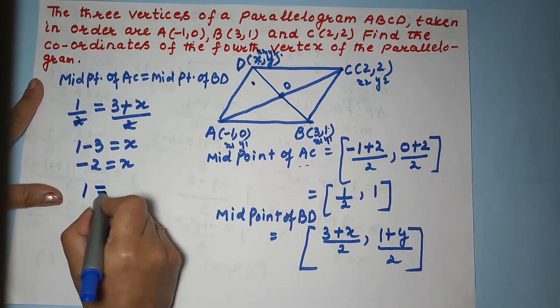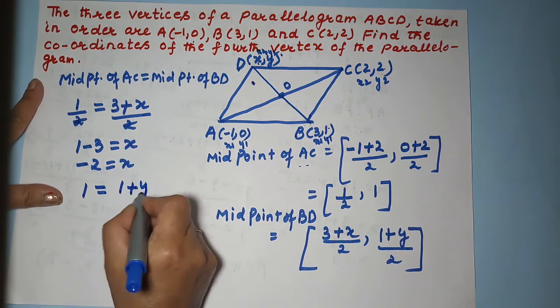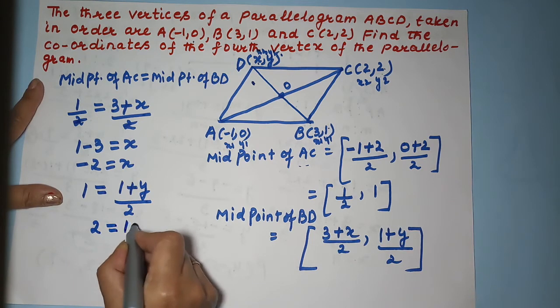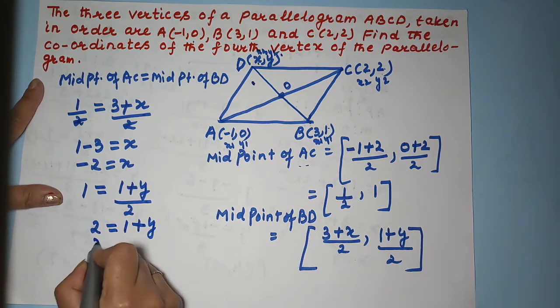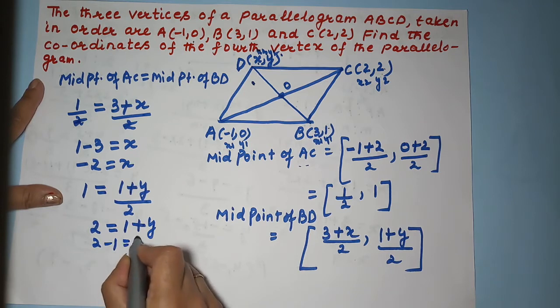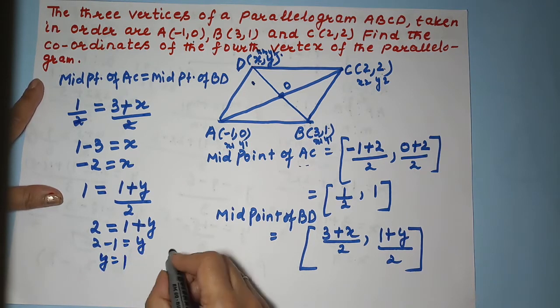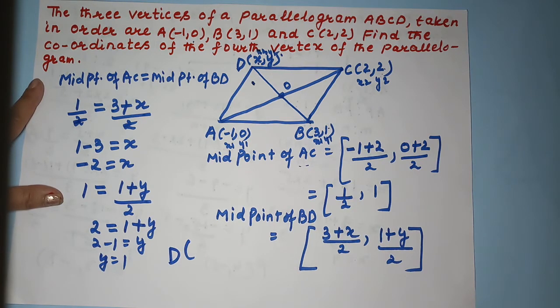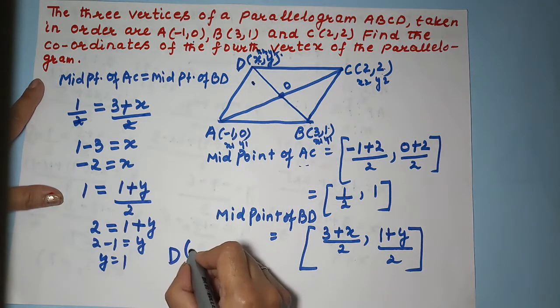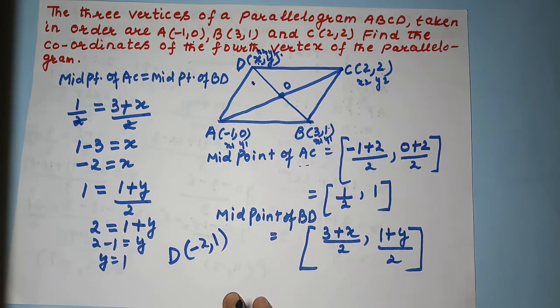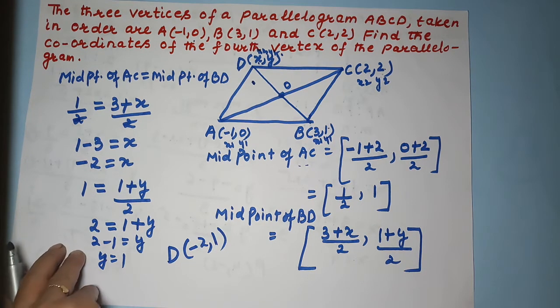So 1 is equal to 1 plus y by 2, cross multiply. 2 is equal to 1 plus y. 2 minus 1 equal to y. So your y is equal to 1. So what are the coordinates of D now? X is minus 2 and your y is 1. Fine. So we have calculated the x coordinate as minus 2 and y coordinate as 1.